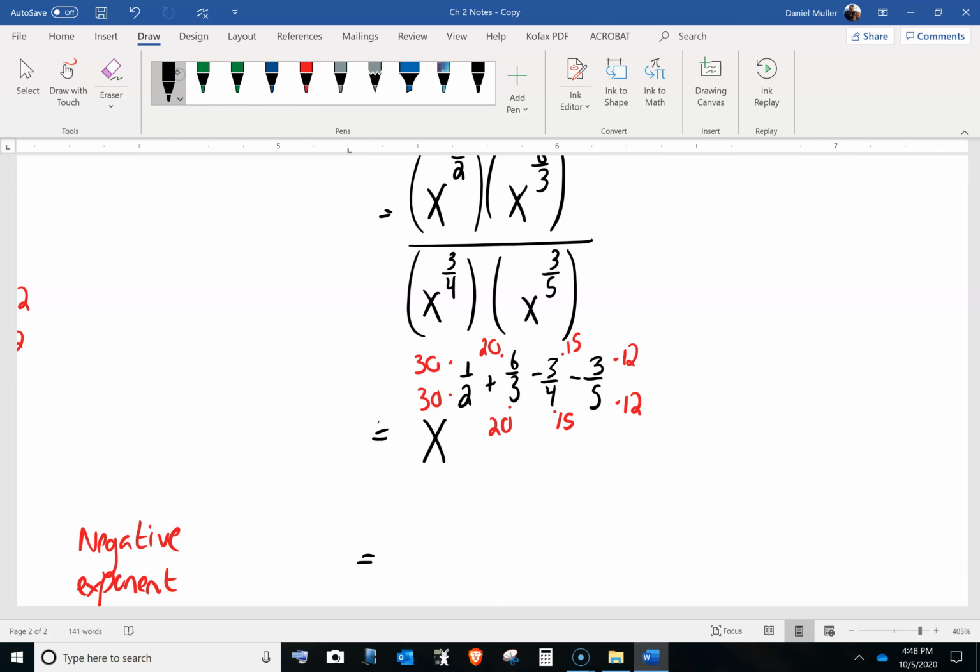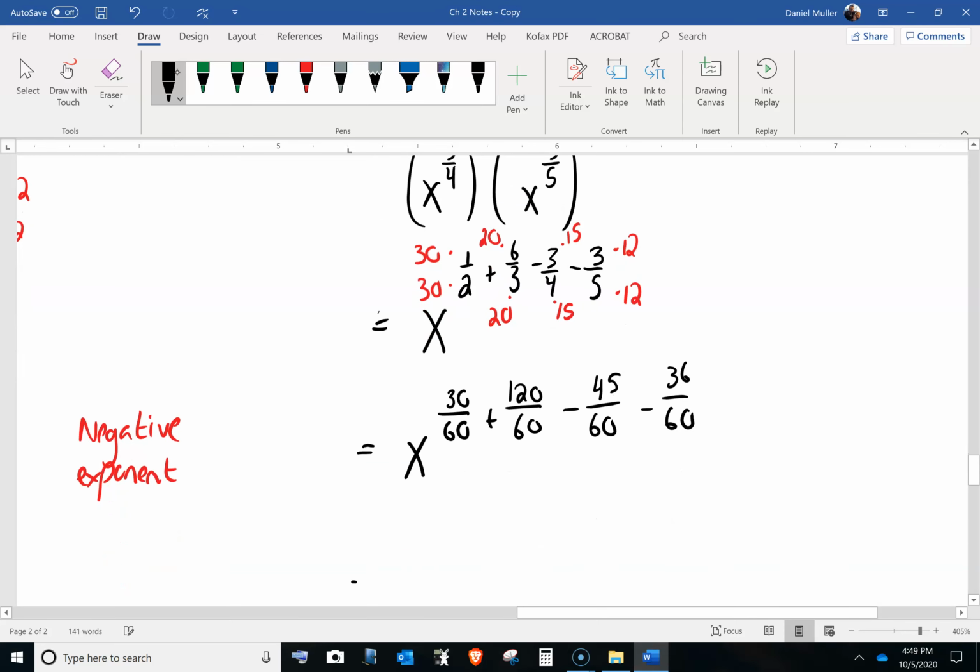So there's lots going on here. But what we have is 30 over 60 plus 120 over 60 minus 3 times 15 is 45 over 60 minus 3 times 12 is 36 over 60. So there's a lot going on here.